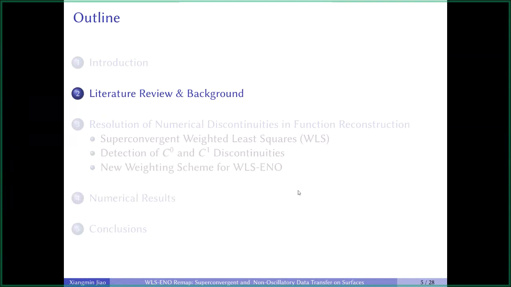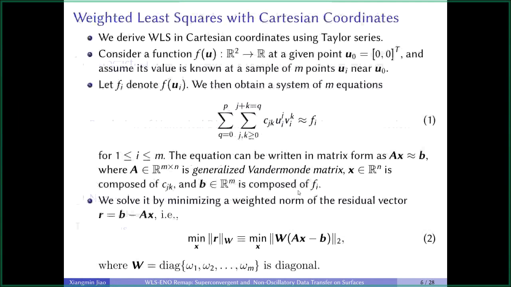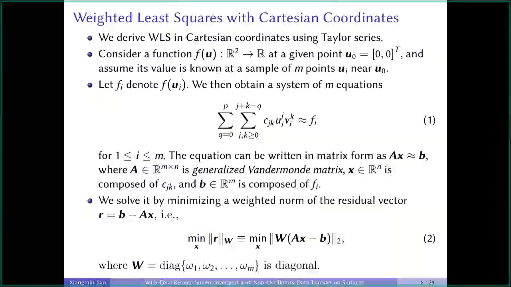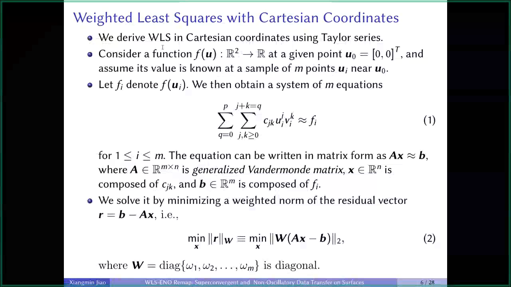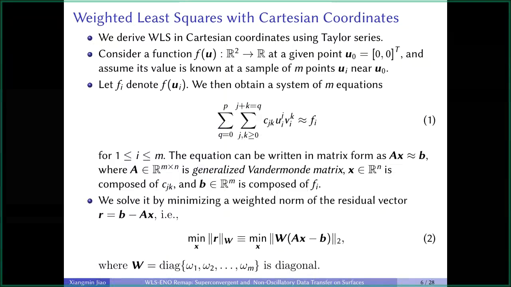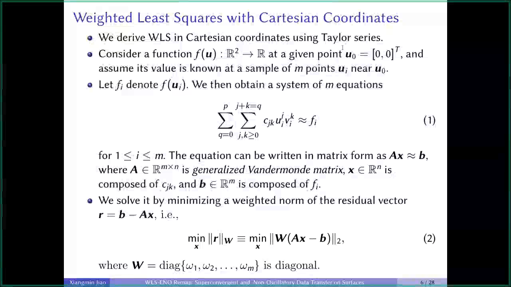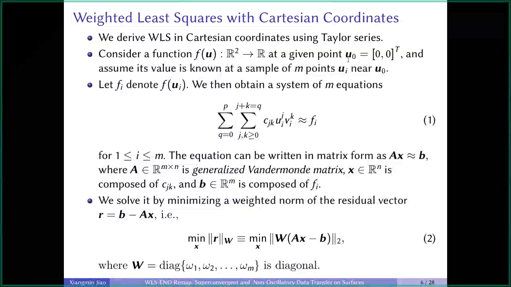And the background. Our approach is based on weighted least squares, so the keyword is weight. Weighted least squares is derived based on Taylor series. It's similar to interpolation. Suppose you have a smooth function f, and a point u naught in Euclidean space, and a collection of points in its neighborhood, or the stencil.